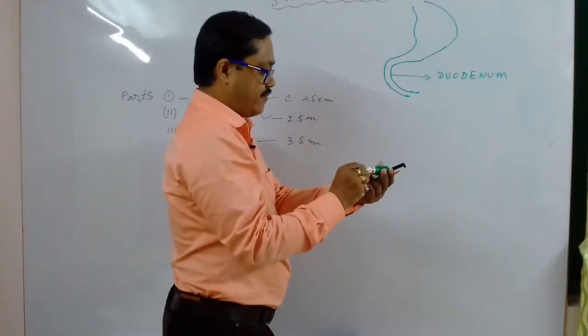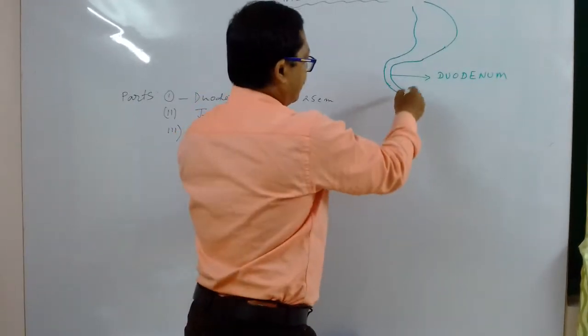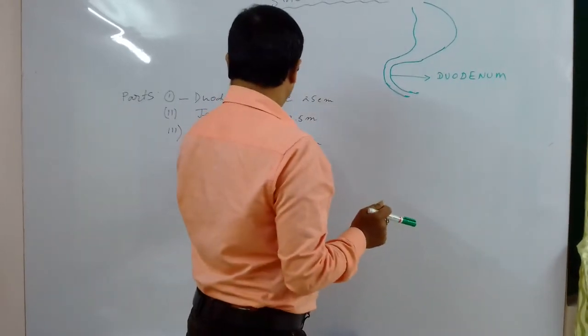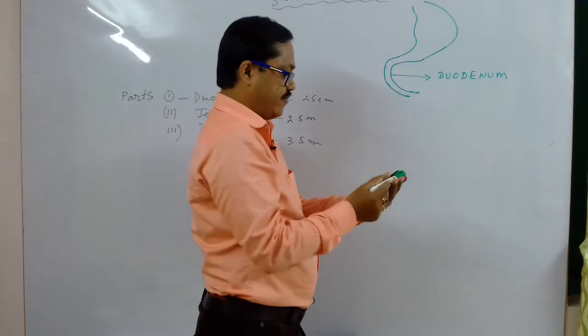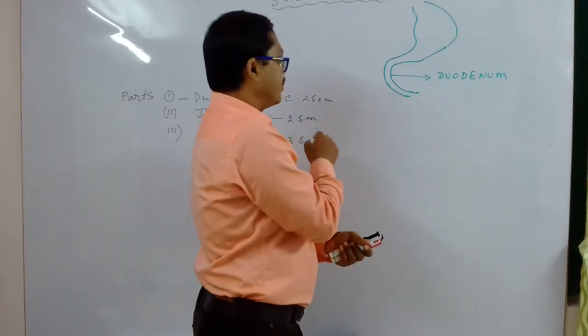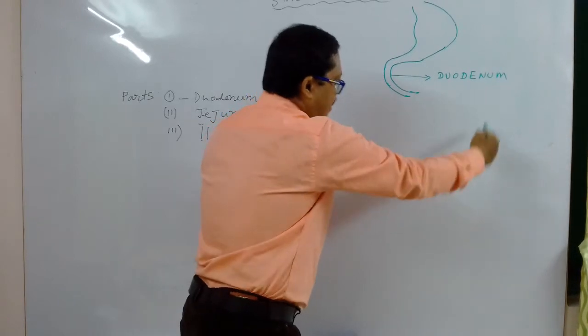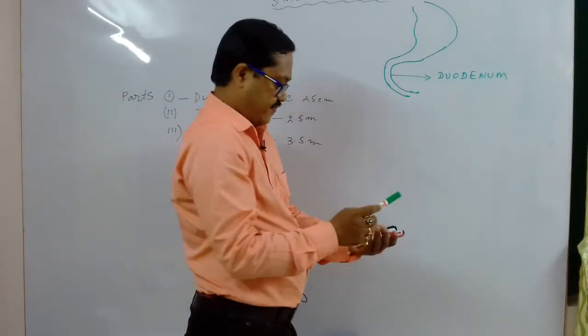This duodenum then forms a highly convoluted tubule, and they form the jejunum and ileum. These two highly convoluted parts are present within a structure that is surrounded by the large intestine.